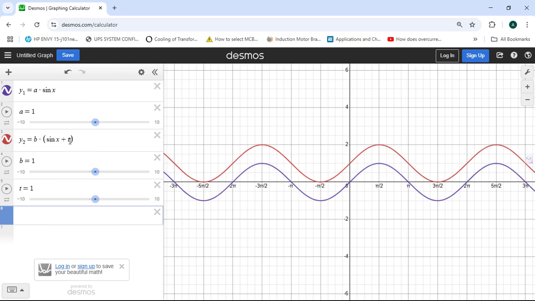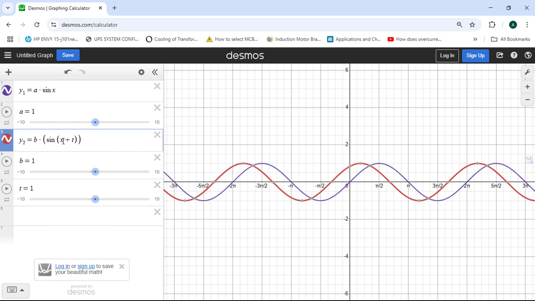Here actually we have T as an offset value because we didn't put it inside a bracket beside X. So here I will deal with X as omega t, and this constant value is our theta difference between the voltage and current. As you can see here, if this theta equals 0, the voltage and current are in phase. They are starting and ending at the same time.